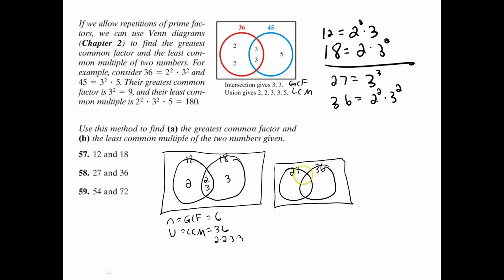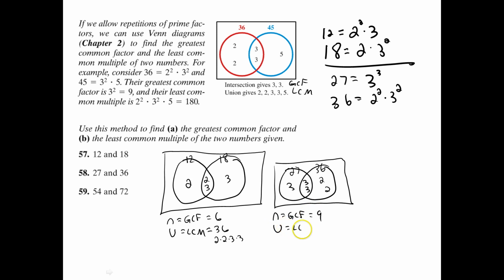Circle for 36. They share 2 of the 3's. 27 has an extra 3. And 36 has 2's that the 27 doesn't have. 2 of them. Intersection is GCF, which would be 9.